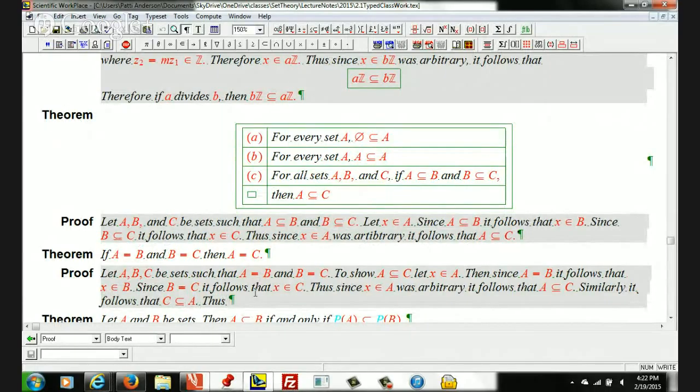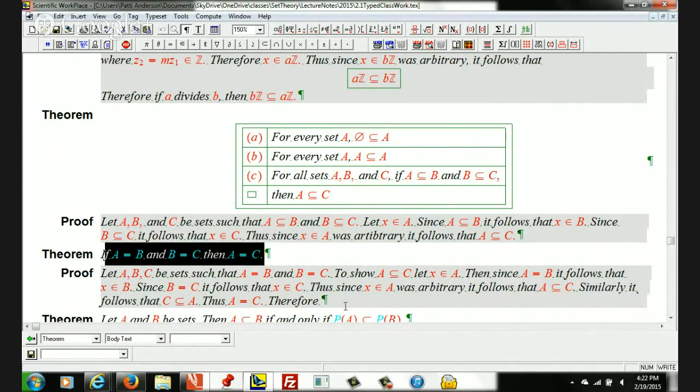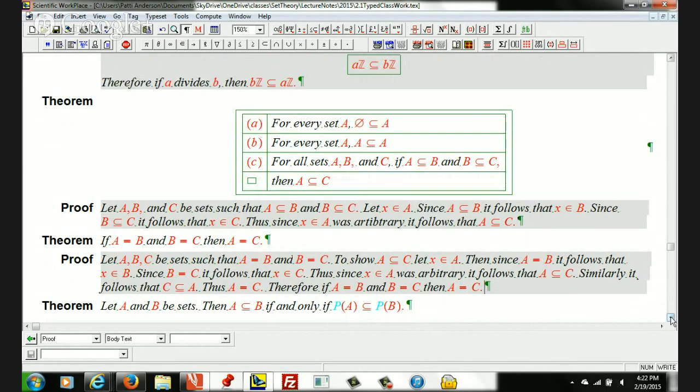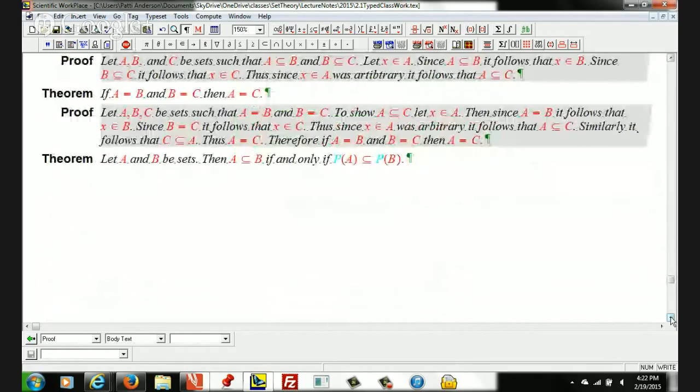What does that tell me? Let's just see. And then we draw conclusions. Therefore, you'll have something similar to that in your homework.